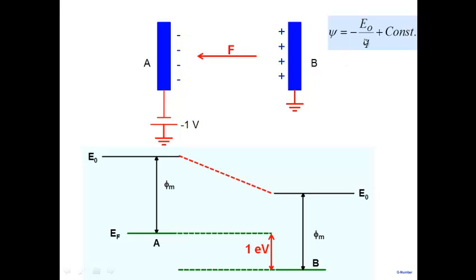And then I know that vacuum level, now note, must always be continuous. You can see why? E0 must be continuous because psi equals minus E naught by Q. Just imagine, we are talking about a space in vacuum here, right? Vacuum level is the energy of the electron here.